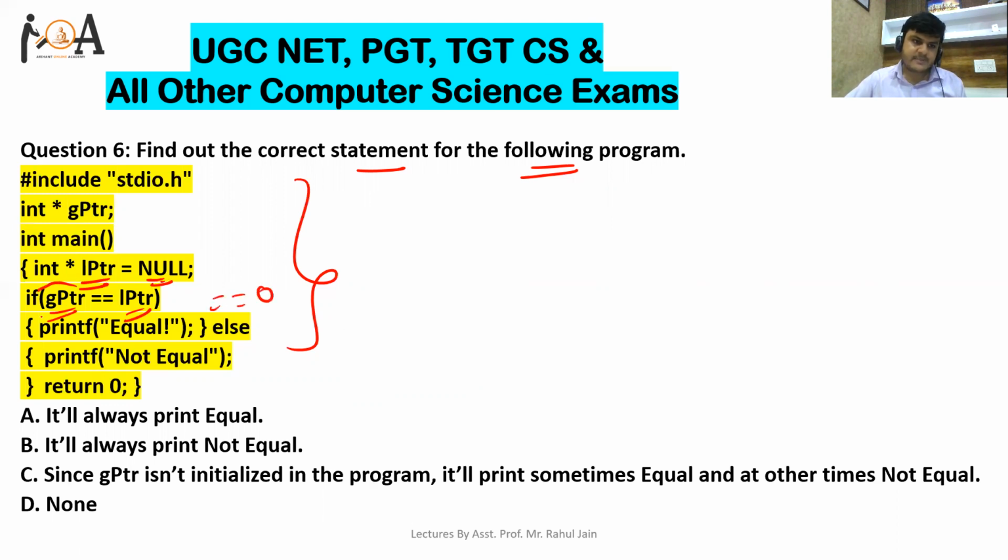But if you will see gptr, it is not a part of the local body, it is not a local variable declared here, but gptr is declared outside, that is a global variable. So by default it will take the default value of a global variable, that would be treated as 0 equals 0. Hence equal, it will always print equal. Okay, so option A is the correct answer.